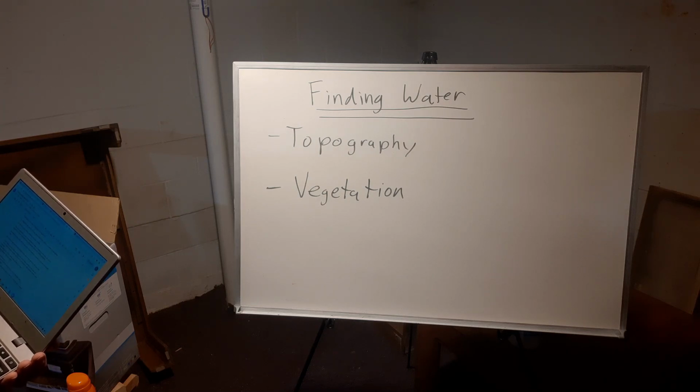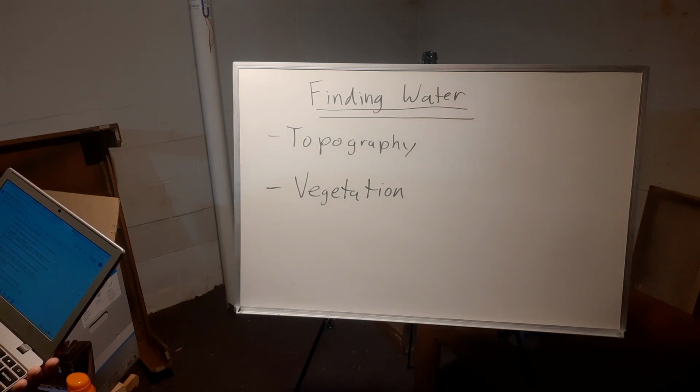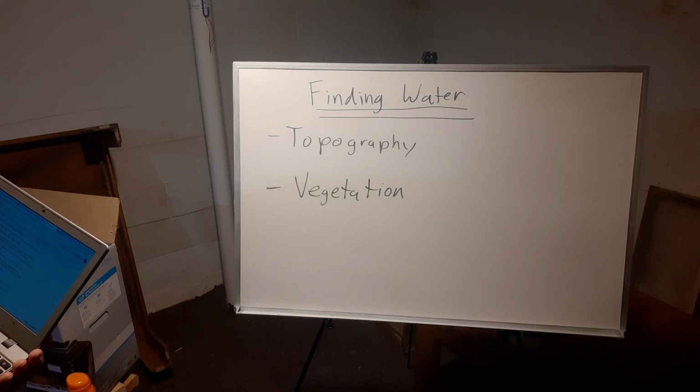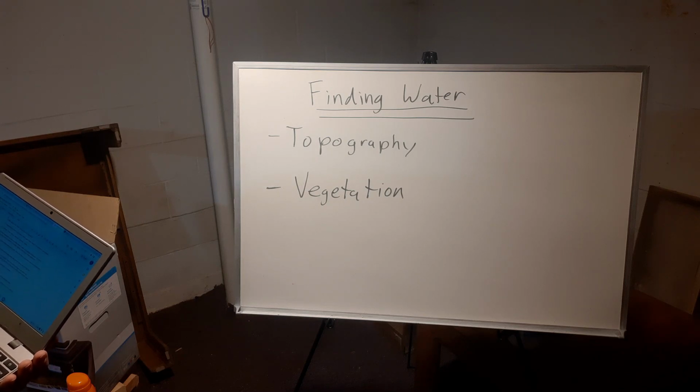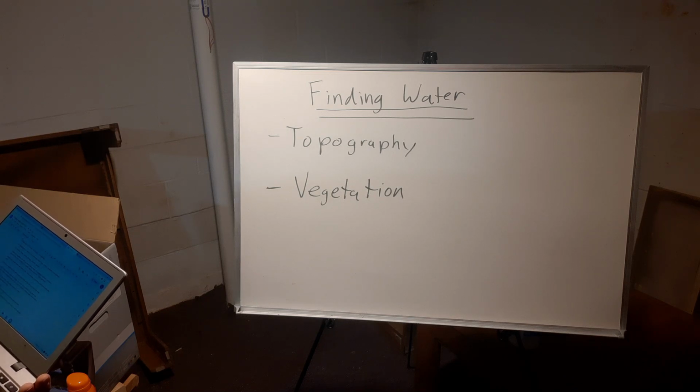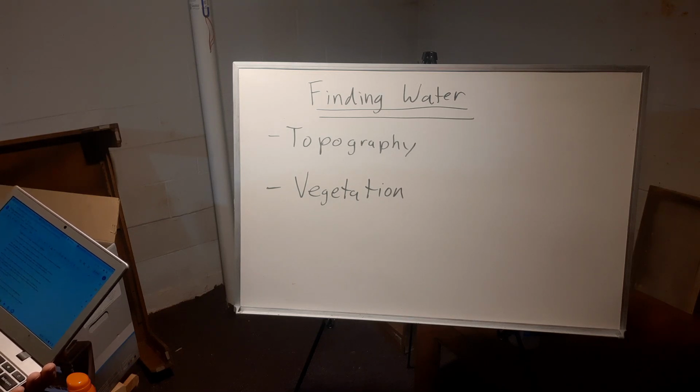Another thing to keep in mind is that the top of any kind of mountain or hill is usually going to be drier than the surrounding area. And the reason why is, think about it logically: if you're on the top of a mountain, gravity is going to push the water down through the mountain to the bottom, okay?